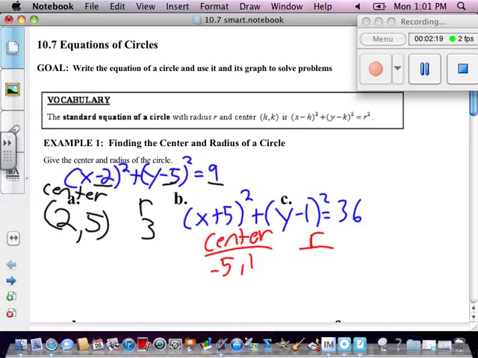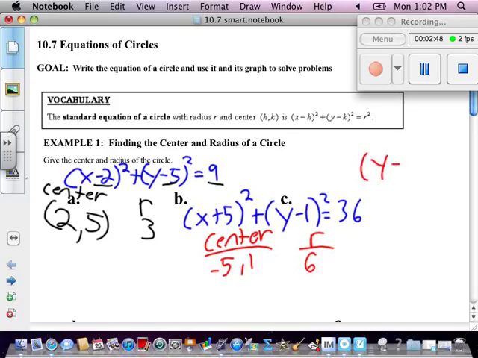Yes, Crystal? Because the square root of 36 is 6. Remember your radius has a little 2 next to it, so we took the radius and we squared it. Are we okay with where the center is? The center is there because it's like two negatives making a positive. Because if we did x plus 5 equals 0, we'd solve and we get x equals negative 5. Okay, let's look at C.